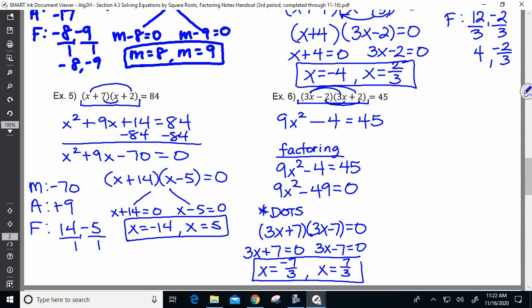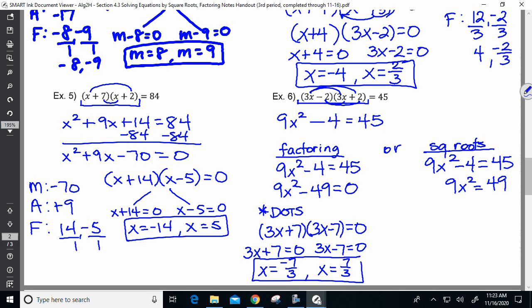However, since that middle term dropped out, you can also solve this equation using square roots. So you get a bonus method for this problem. So, if you're going to solve by square roots, then you would add 4 to both sides. 9x squared equals 49.